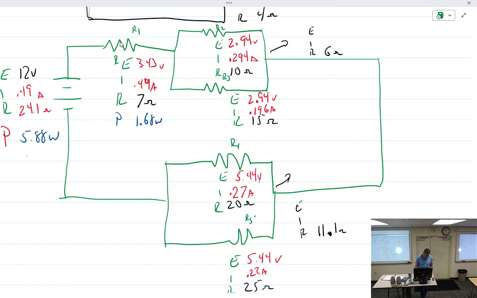And here we have 2.94 times 0.294, 0.86.